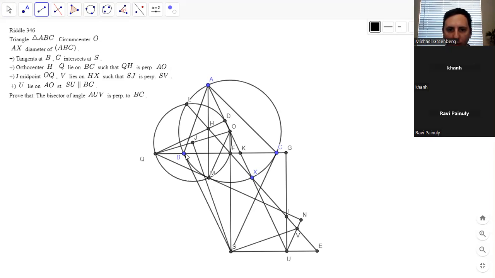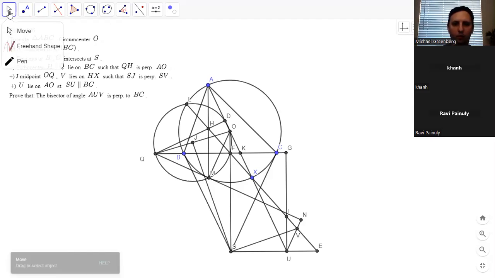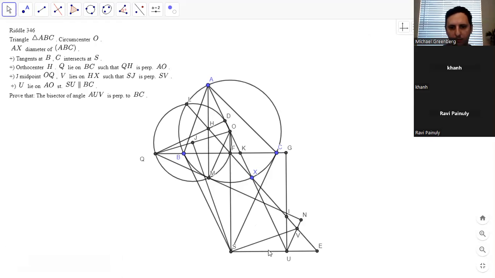We know that QD is perpendicular to AU. For this line we have D, for this line we have F, for this line we have M. So D, F, M.